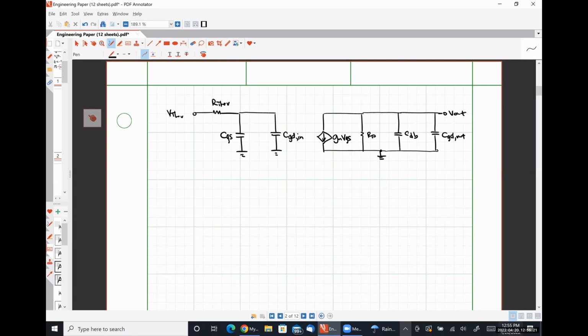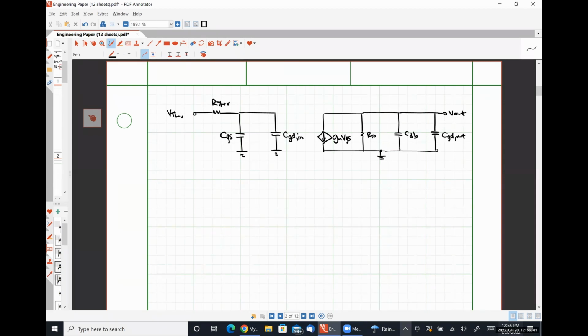And so the first thing we're going to do is figure out what CGD in and CGD out are, right? Because Miller's theorem lets us split up the impedance, not the capacitance itself, okay?